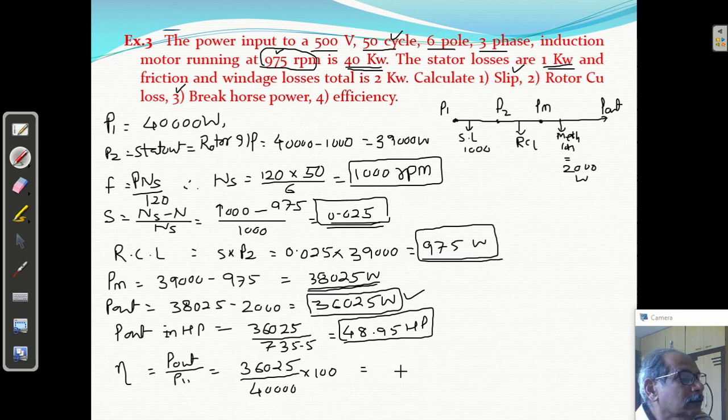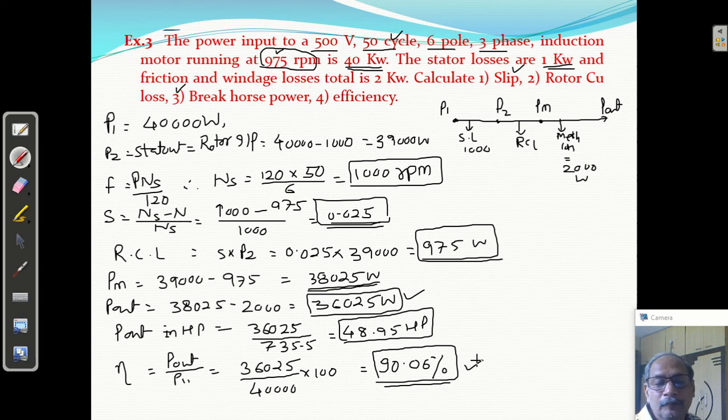The efficiency is 90.06%. That is the answer. We got it. In this way you can solve problems related with the power stages. One more part I am developing, that is part 2, so from there you will get the answer.